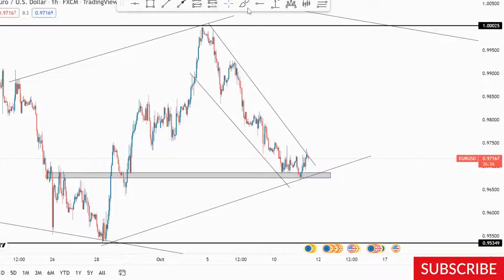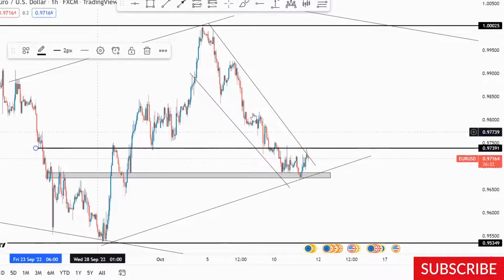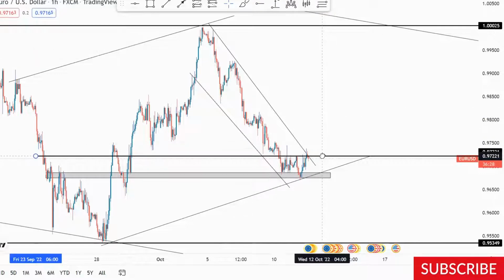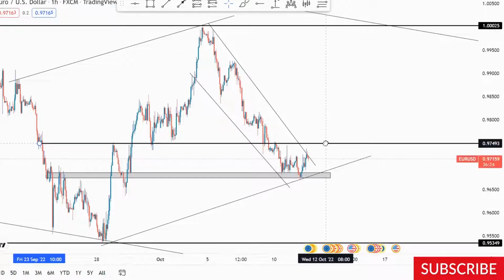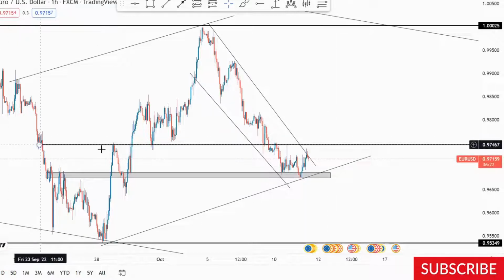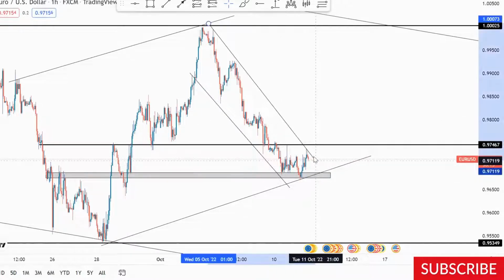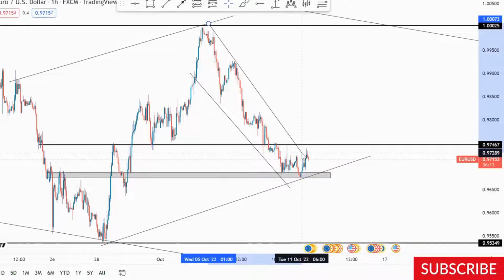Then we have a sensitive area over there where the market is currently rejecting. If we want to buy Euro USD, it doesn't make sense here because we only have those minor touches, but it does make a lot of sense there, because you can see first touch, resistance was support, support, resistance. We had a lot of rejections at those levels.